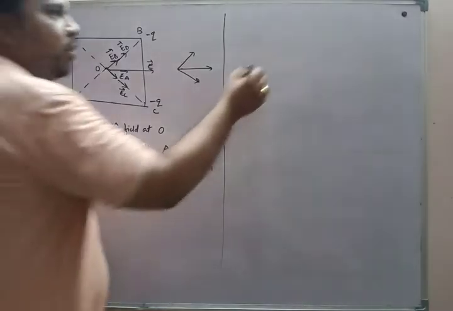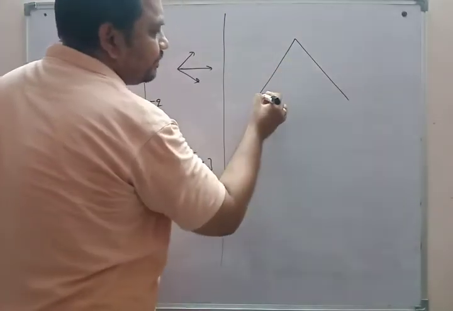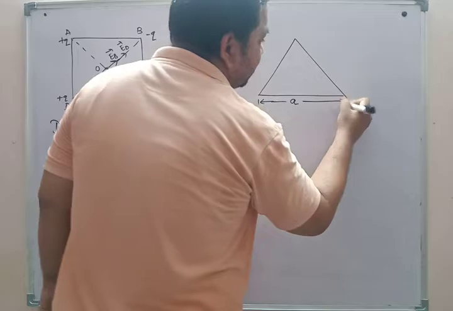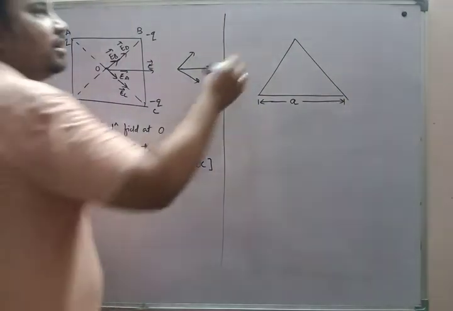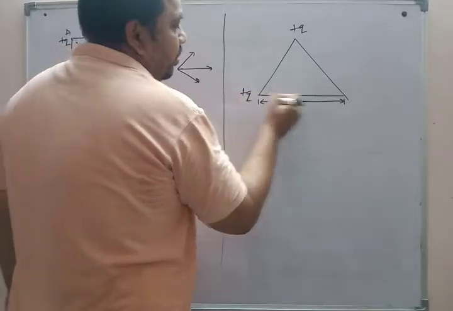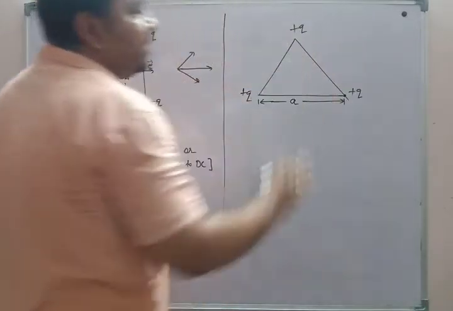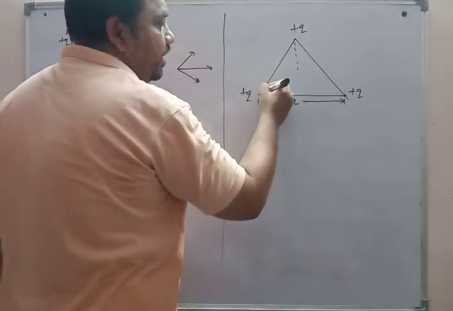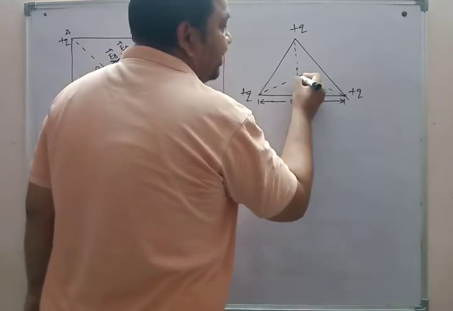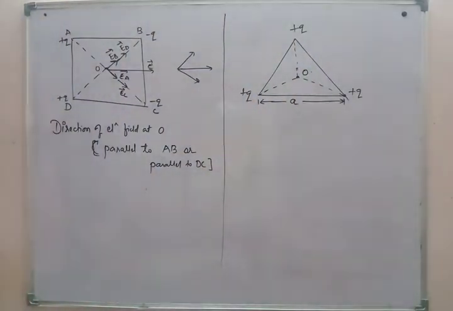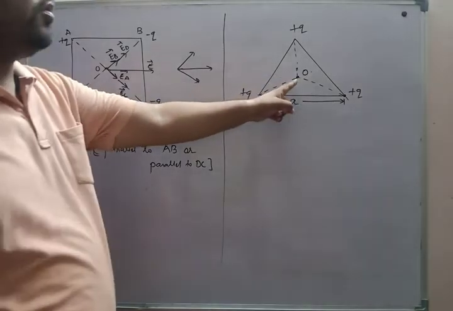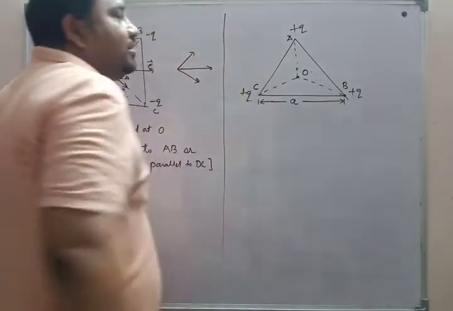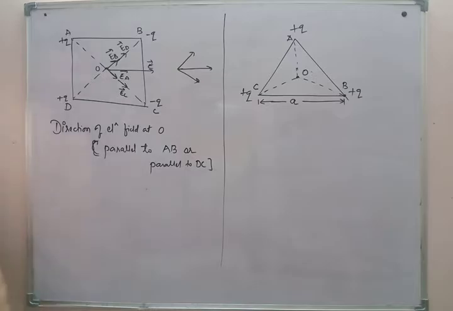Now suppose that we have an equilateral triangle with each side equal to a, and at each vertex of the equilateral triangle I have placed a charge plus q, and I need to find the electric field at the center of this equilateral triangle, point O. Say the triangle is given by ABC.